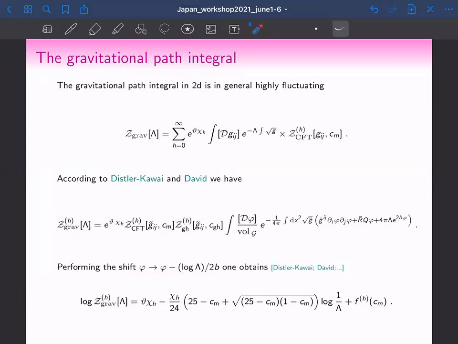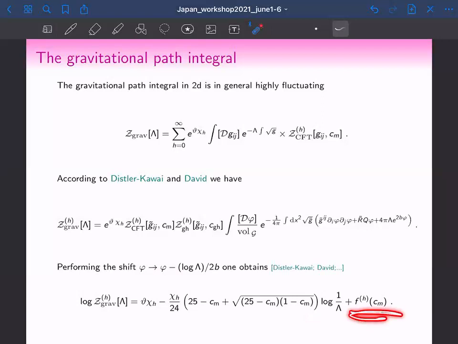Why the 7/2? Because by considering this lambda times e to the power of 2b phi, implicitly we're turning on the identity operator of the minimum model. So that's why we find the 7/2 and not the 7/3.